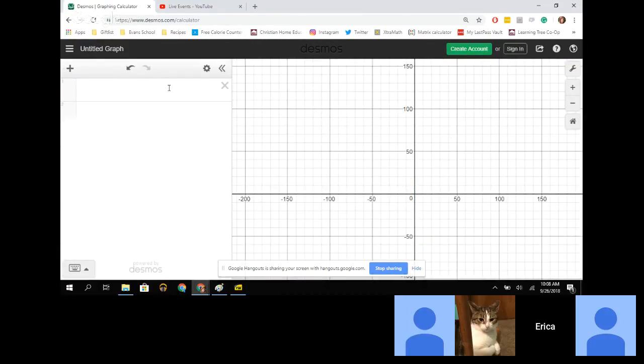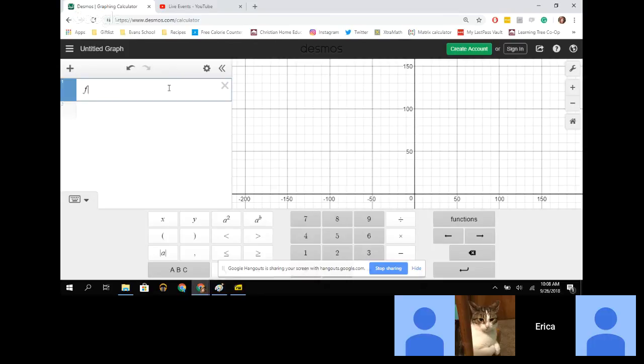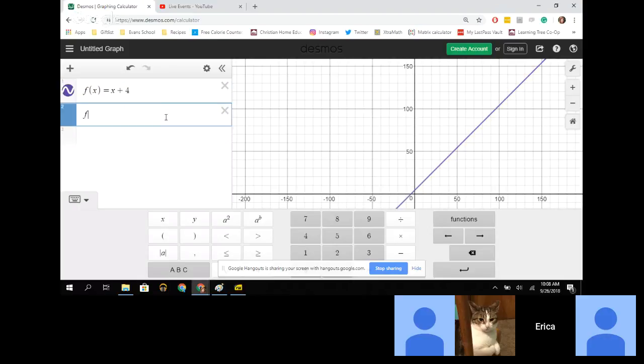This is a very simple inverse. f of x equals x plus 4, okay? And I don't know if I can do the inverse, so we're just going to call it g, just so you know that it's different. g of x equals x minus 4. Okay, these guys are inverse functions of each other.